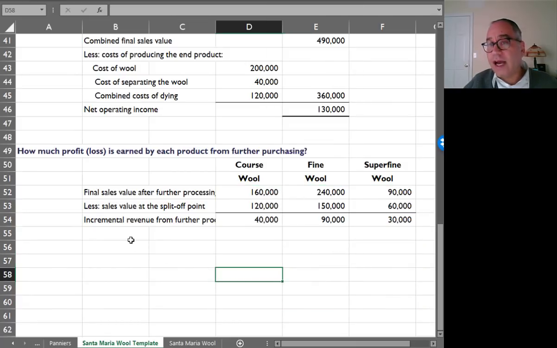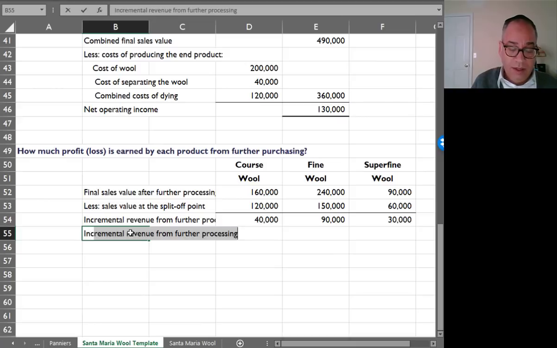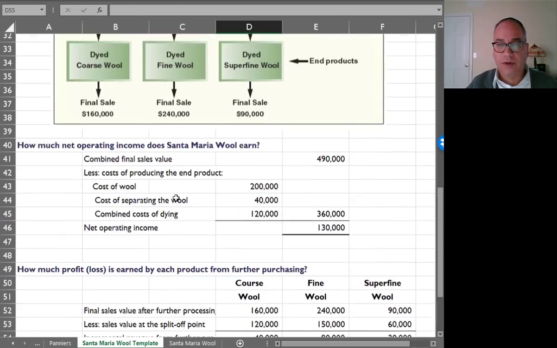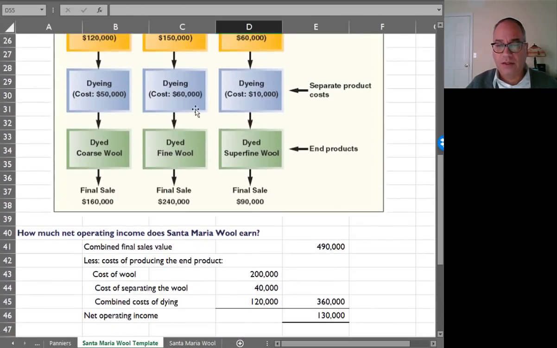So that's how much additional revenue we would earn. Now let's focus on the cost of the further processing. The incremental cost of further processing is also given to us in the problem right here. It's the cost of dyeing. It's 50,000, 60,000, and 10,000.